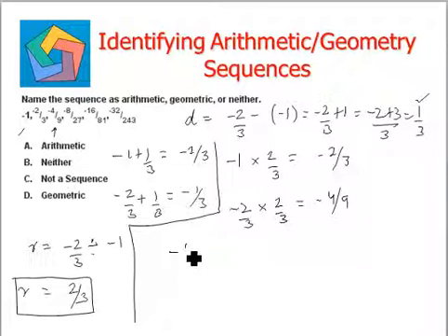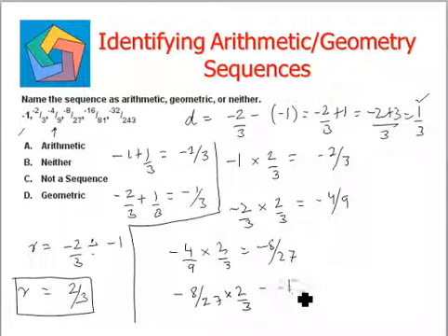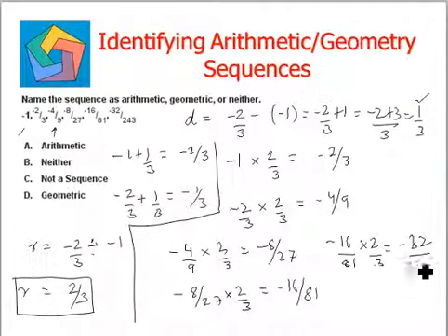Negative 4 ninths multiplied with 2 thirds is negative 8 by 27. Negative 8 by 27 multiplied with 2 thirds gives us negative 16 over 81, and negative 16 over 81 multiplied with 2 thirds gives us negative 32 over 243.